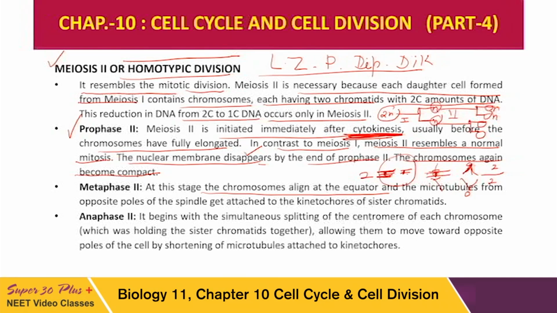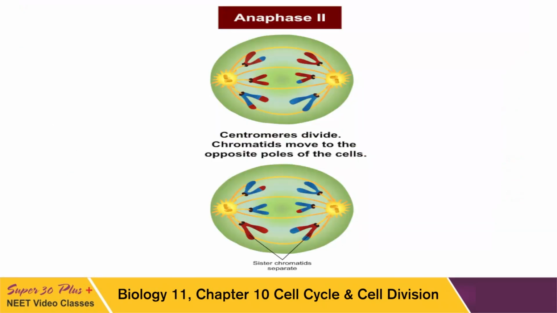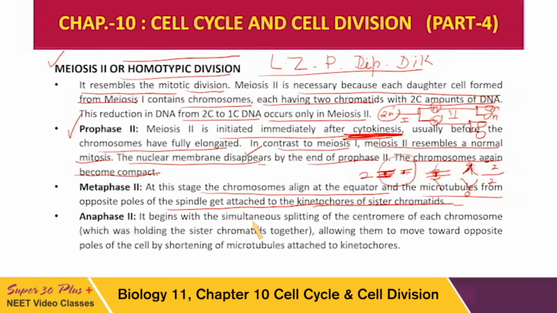You see here the microtubules, that is the spindle rays, get attached to the kinetochore of the sister chromatid. You can recall mitosis, metaphase. In anaphase, I told you, it begins with simultaneous splitting of the centromere. Here there was one centromere.